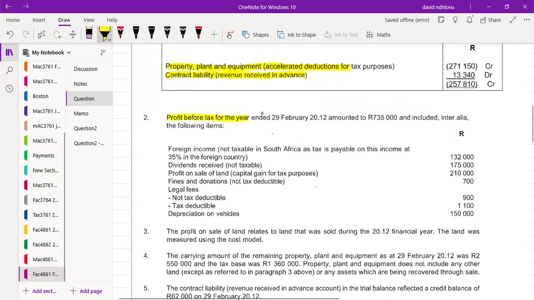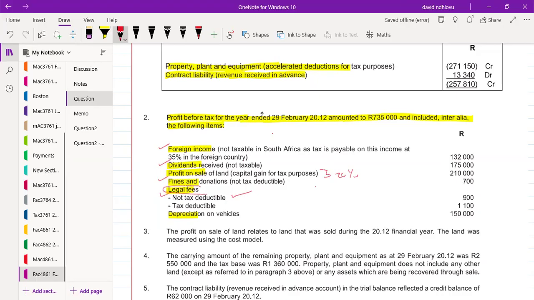Profit before tax for the year ended 28 February 2012 amounted to 735 and included inter alia the following: foreign income, dividend, profit on sale of assets, fines, legal fees, depreciation, etc. So foreign dividend income, fines, legal fees, and maybe 20% of that, these represent exempt differences, especially the portion of legal fees that is not deductible.